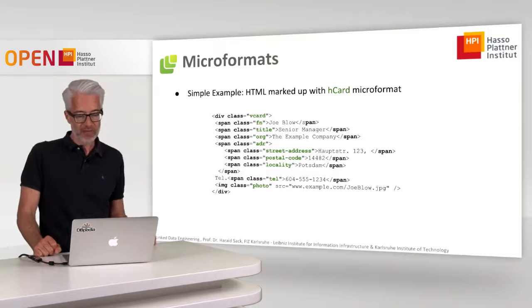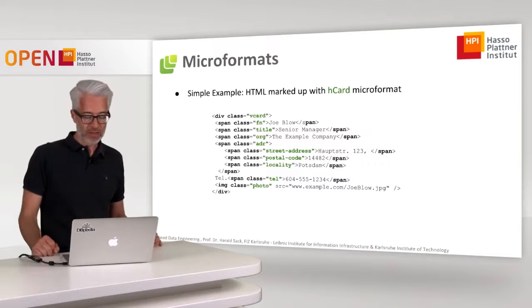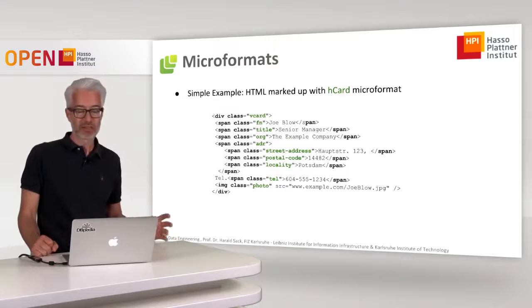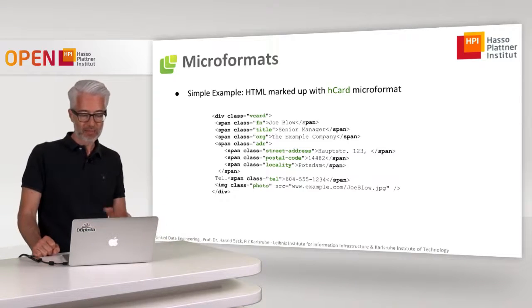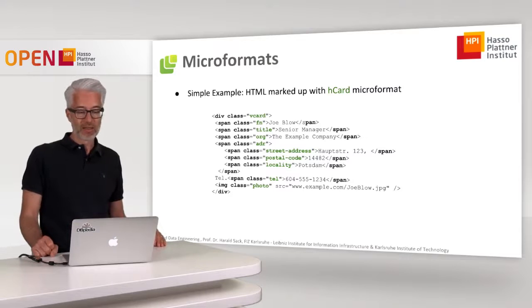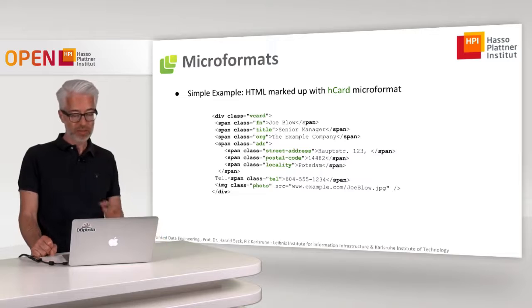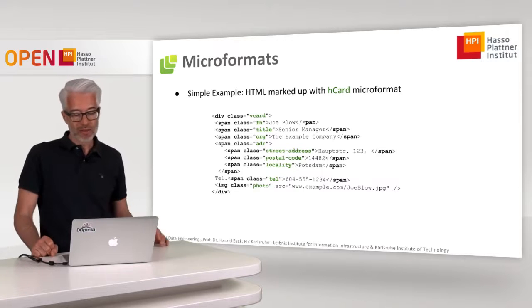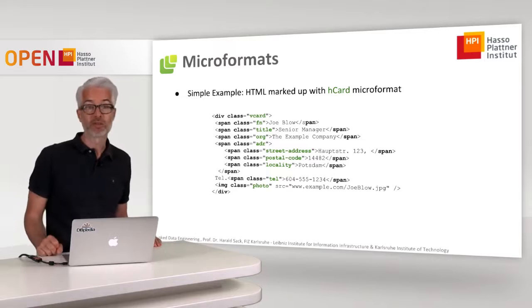And then you see several keywords like FN for the first name, title, then we have org for the organization, ADR stands for address, and then comes address data like the street address, postal code, and so on. And then comes the telephone number and more. So this is an example of a vcard microformat that can be put into the web page, and what you see in the web page is only what you see here within the text as the character data, so the content of the address.